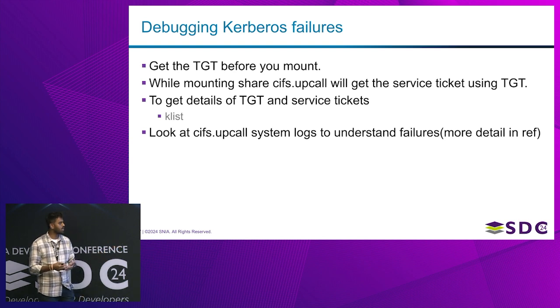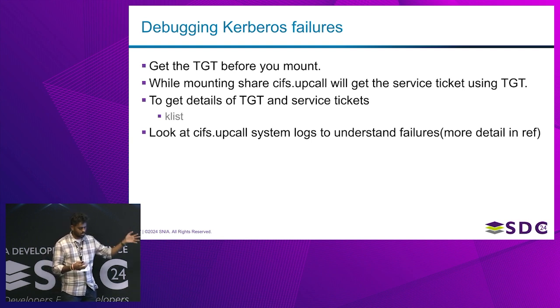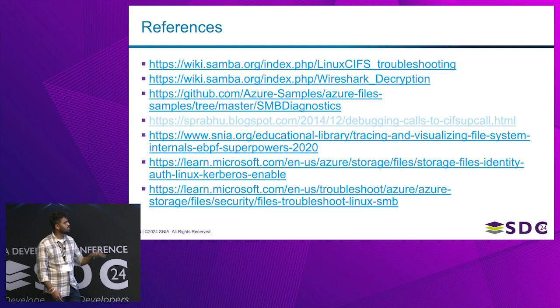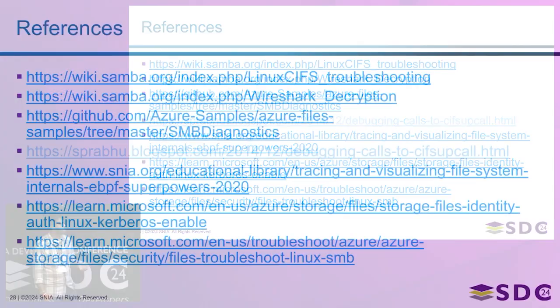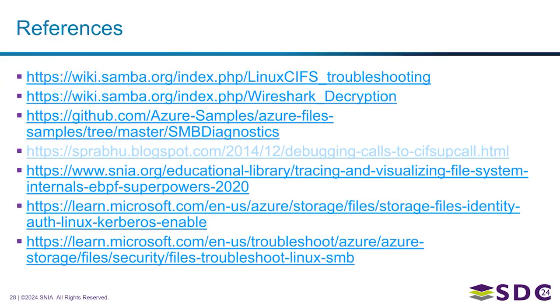You can verify that you have the tickets using the klist program, and if you face any issues during the mount, you can look at the system logs and figure out what's going on. I've added more references here for you to go through, and this contains most of the useful things on all the topics that I've talked about so far, and helps us to debug.